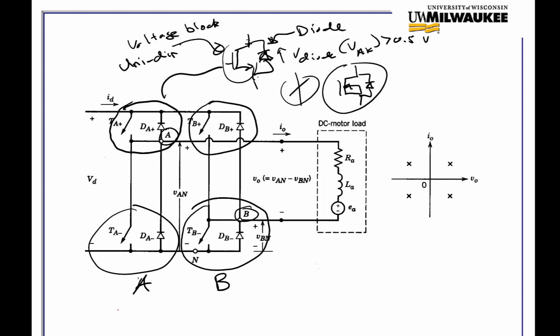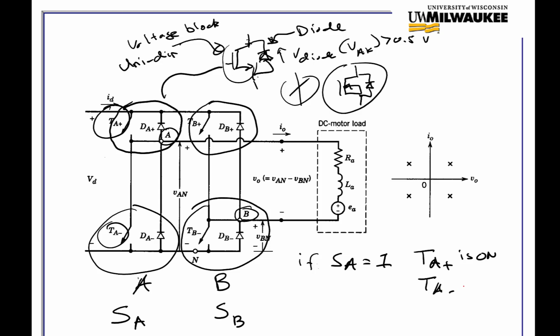It's also going to be helpful if we think about the states of the switch, so I'm going to introduce that concept. I've got the SA state, which is the switch leg state, and the SB. What this means is if SA equals 1, then TA plus, that's the upper device, is on, and TA minus, that's the lower device, is off.